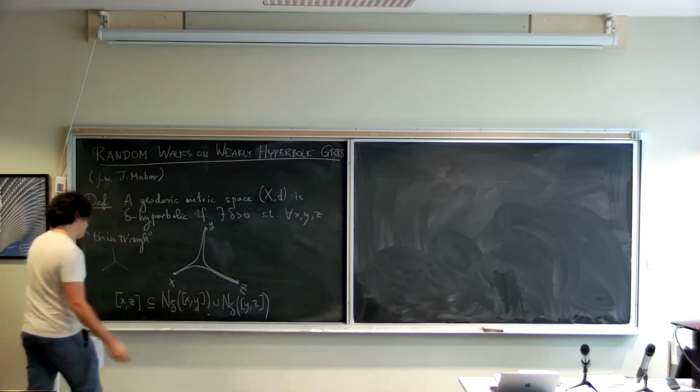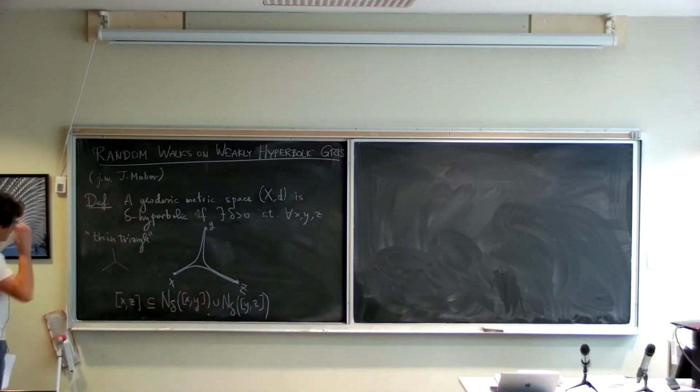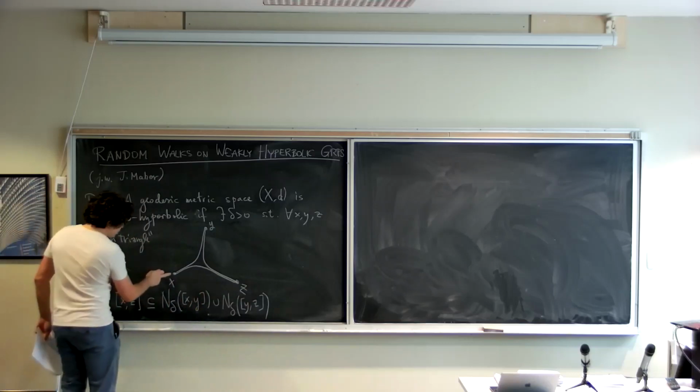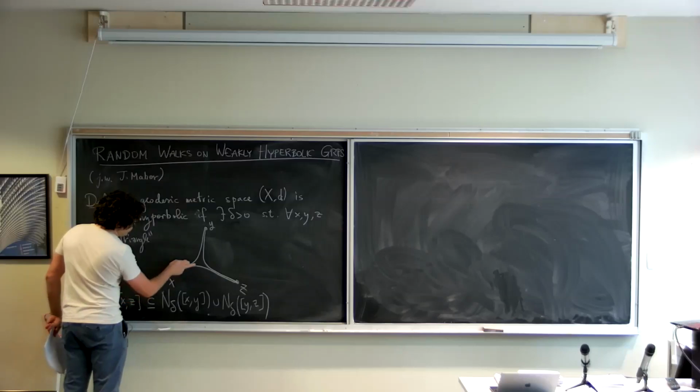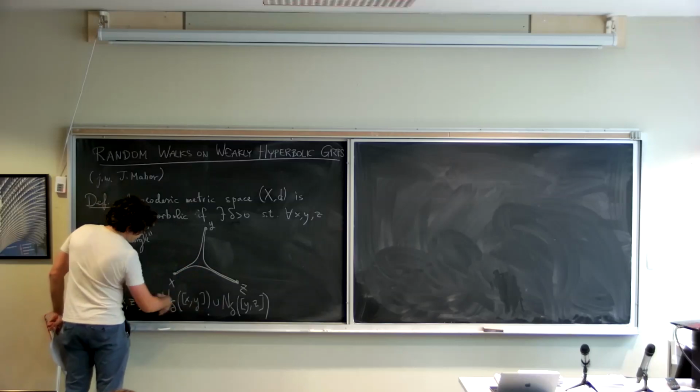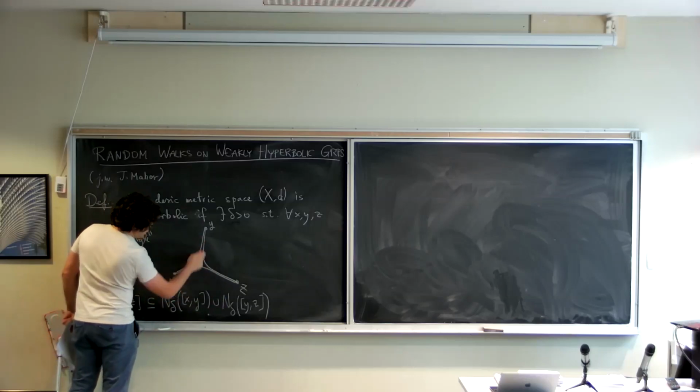Very, very important in geometric group theory: basically the geodesic from x to z first fellow travels the geodesic from x to y up to a certain point, and then in the middle there's this delta fudge. You don't know what's happening, but only for a distance of about delta, and then it fellow travels the geodesic from y to z.